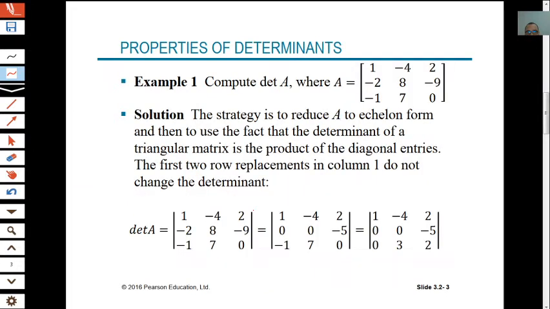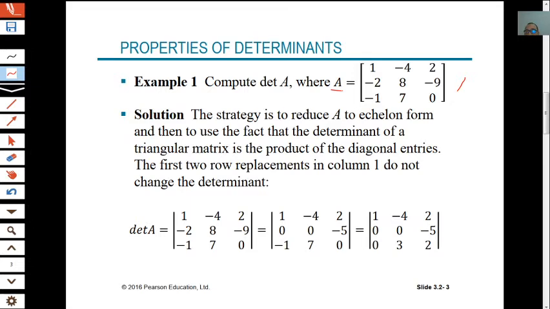For example, compute the determinant of the matrix A, where A is given here. The strategy is to reduce A to echelon form and then use the fact that the determinant of a triangular matrix is the product of the diagonal entries. If you find the echelon form of this matrix, the computation will be very easy.